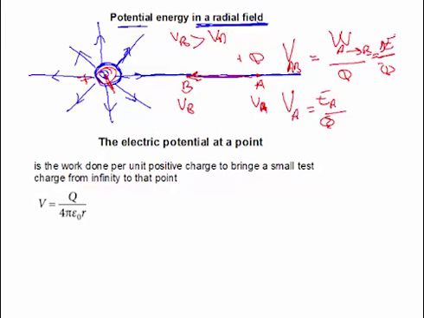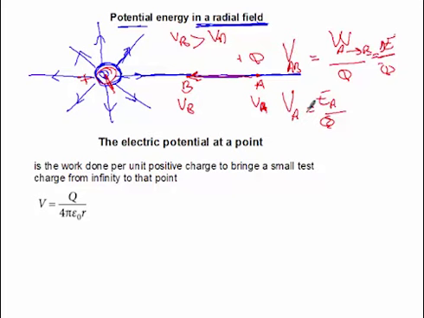So the work done to take a charge from point to point per unit charge is the potential difference, but the energy at a certain point per unit charge will give us the potential at that point. So till now nothing is new.